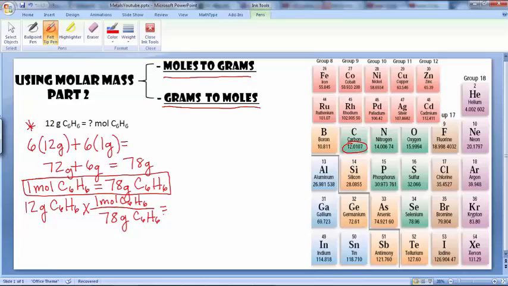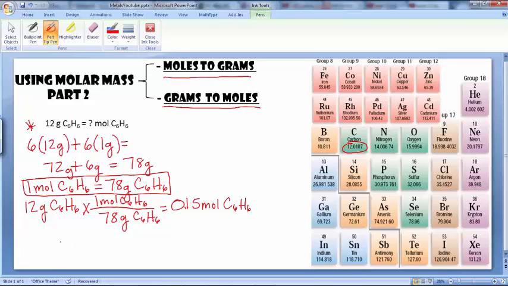And when you do that multiplication, or you could call it division, multiplying by 1 over something is the same thing as dividing by that something in the denominator. We would get 0.15 moles of C6H6.